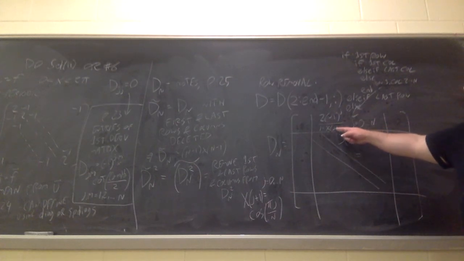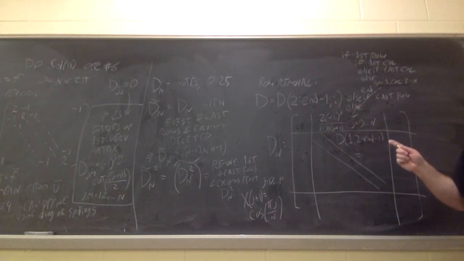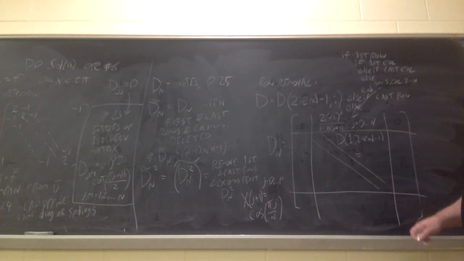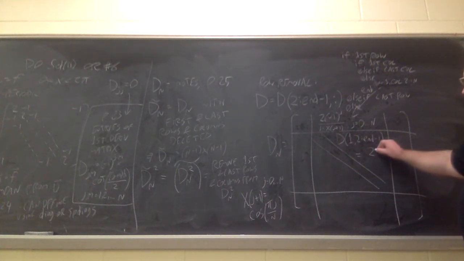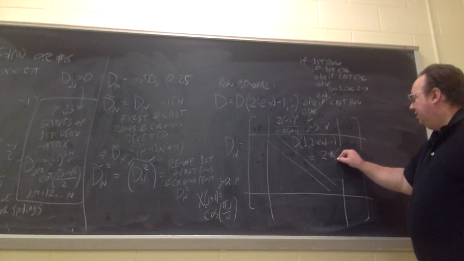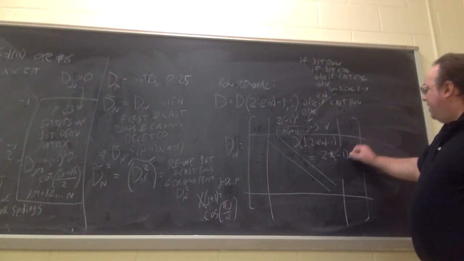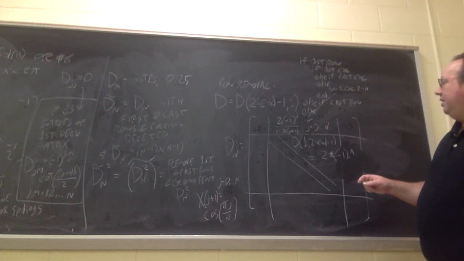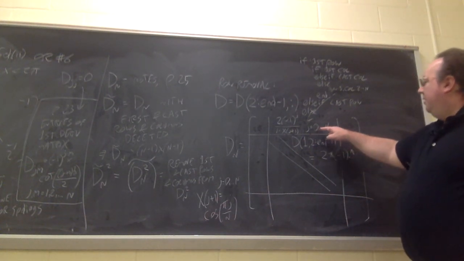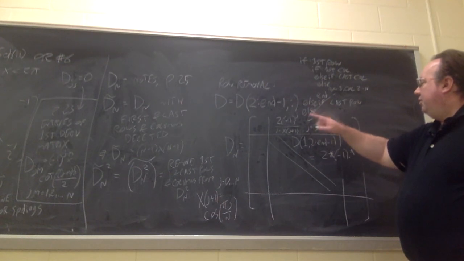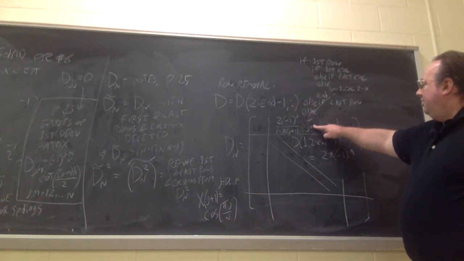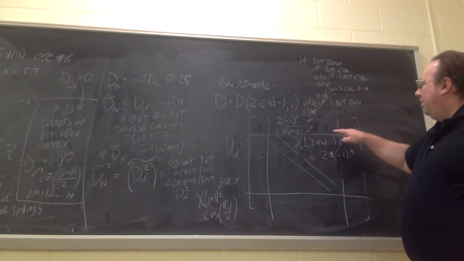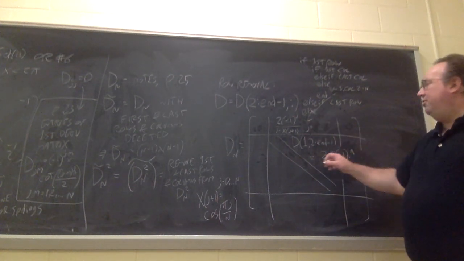Even though this is a formula for one entry at a time, here's how I can do it in one shot. I can do 2 times minus 1 dot exponentiate. Now, wait, sorry, these indices are wrong because I should not include the first and last.